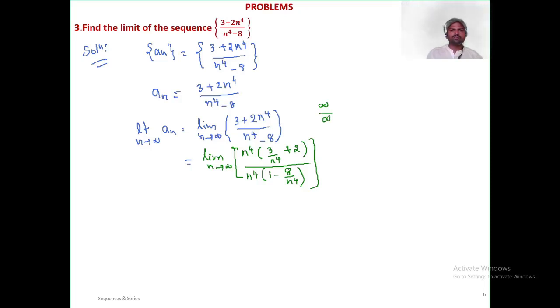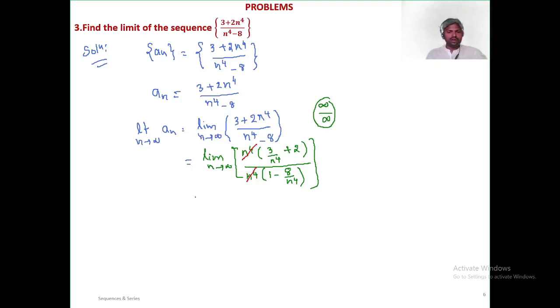You will get infinity by infinity, but this is an indeterminate form. You cannot find this value. Sometimes it can be determined, sometimes it cannot; that is called indeterminate form. So we want to overcome this difficulty, infinity by infinity. That's why we are taking n power 4 common, so that we can find the limit easily.